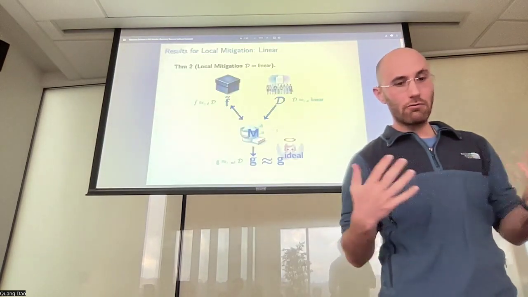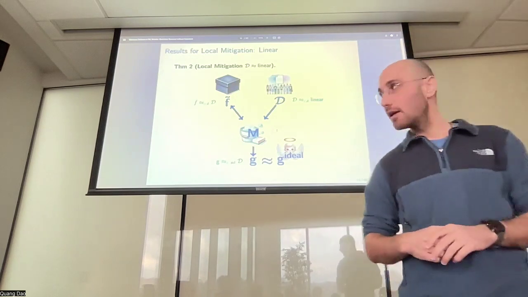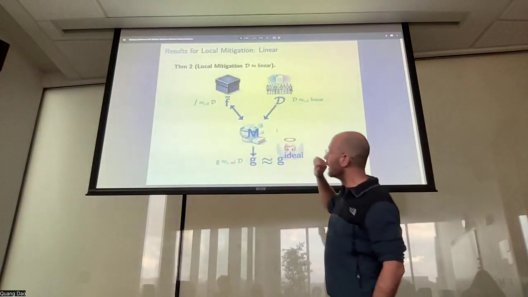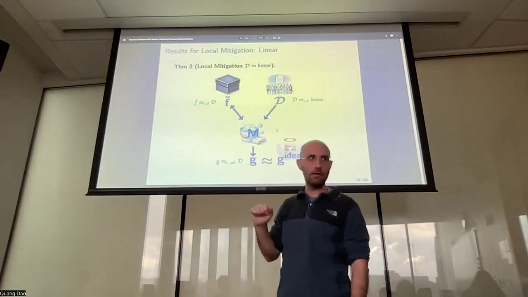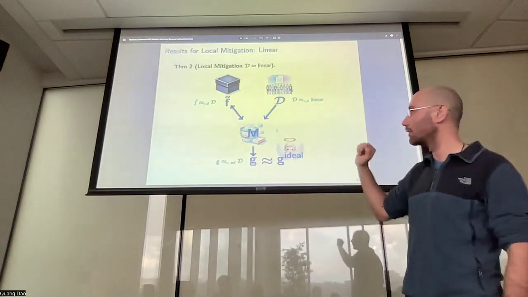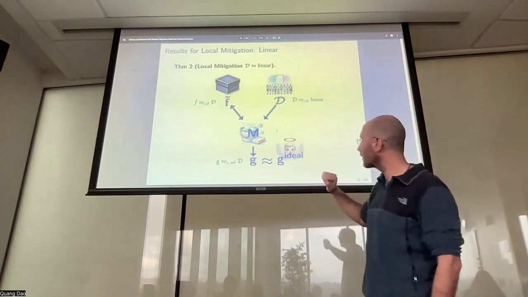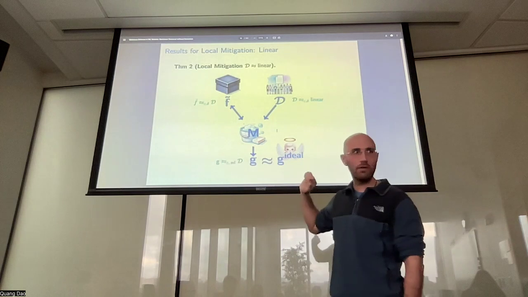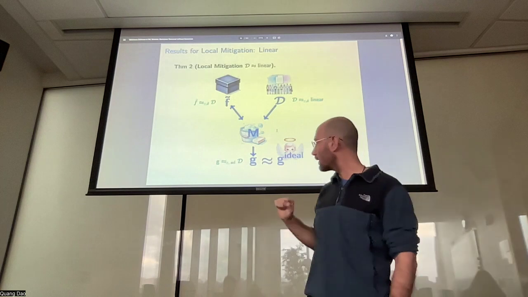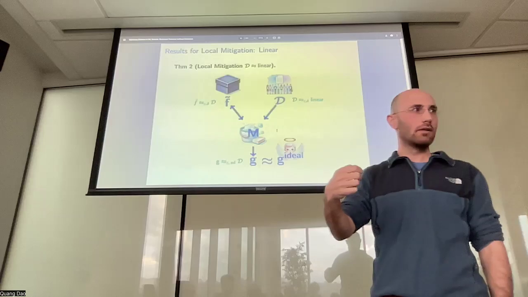So our result here for local mitigation for distributions that are close to linear says that if my distribution is epsilon delta close to linear, and I have an f tilde that is pretty good at predicting the labels, so it's epsilon delta close to the distribution, then I have a mitigator that works under those three conditions and is secure, outputs a g that looks very benign, and is also pretty accurate, where I pay some cost for running the mitigation.